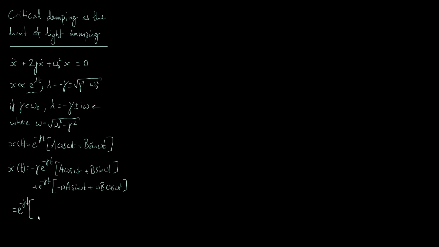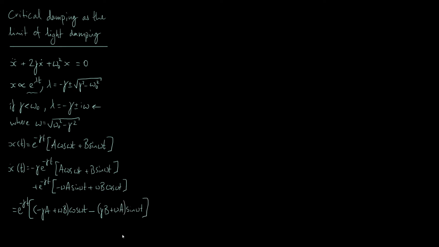We've got minus gamma a from the first bracket, and then from the second square brackets we get plus omega b, and that's the cos term. And the sine term: we've got minus gamma b from the first brackets, and then minus omega a from the second brackets. They both have a minus sign in front of them, so we can pull out that minus sign and write that as gamma b plus omega a, and all of that times sine of omega t.